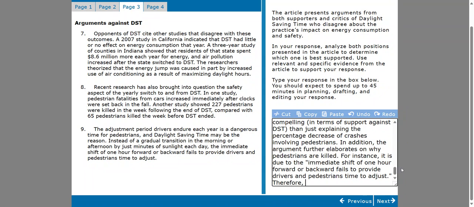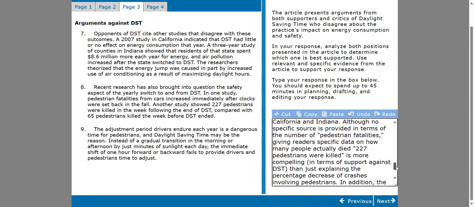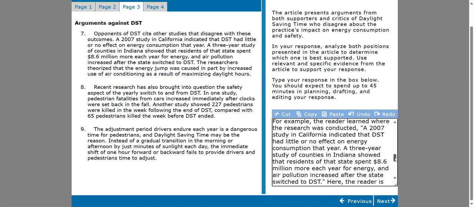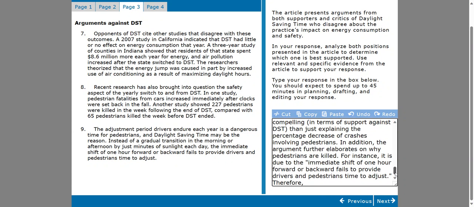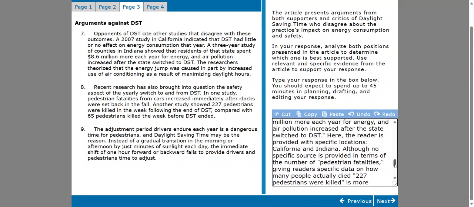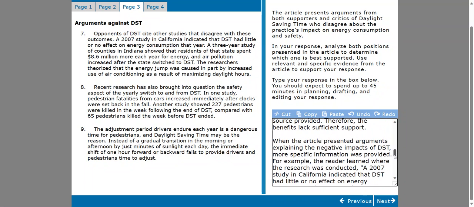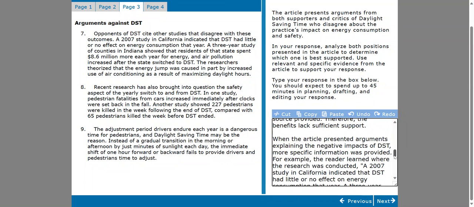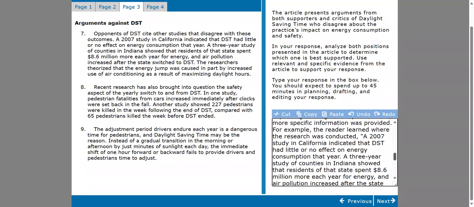Therefore, and going back up to the top here, right, writers, more specific information was provided.